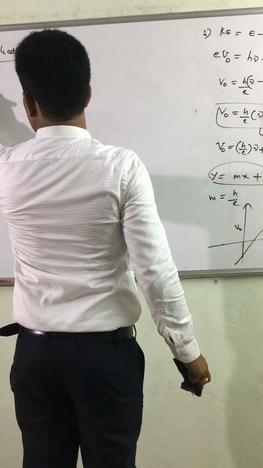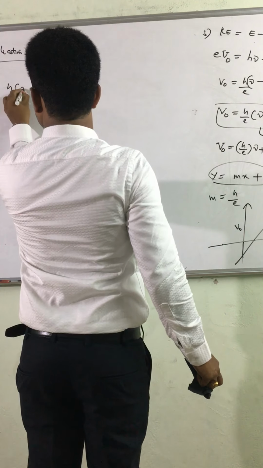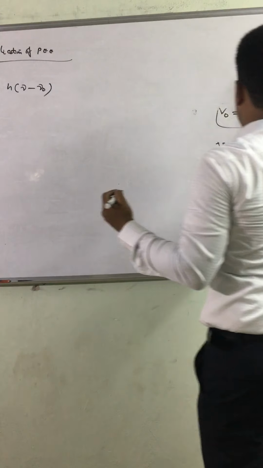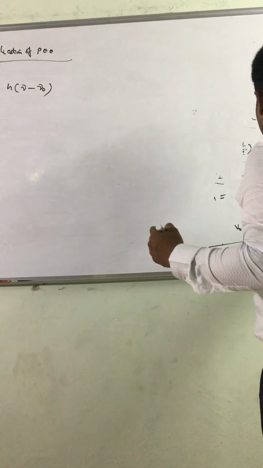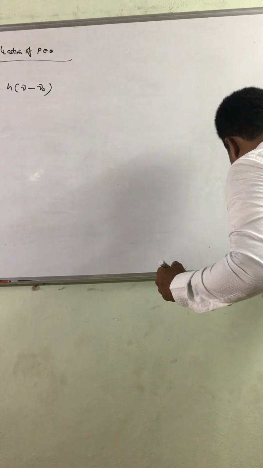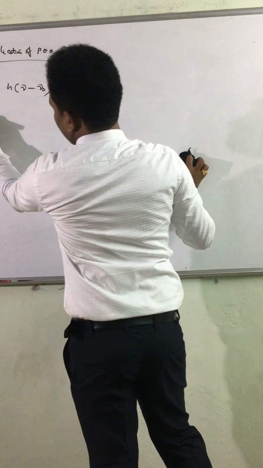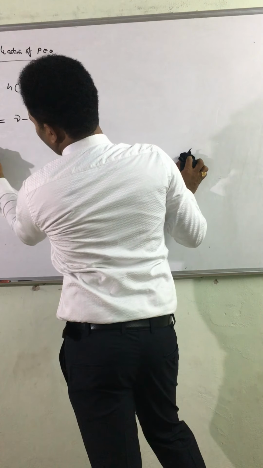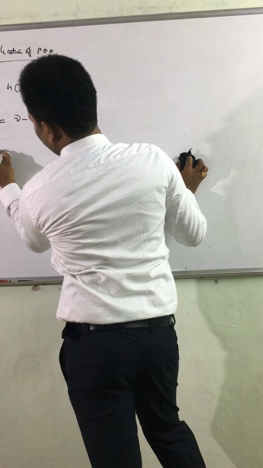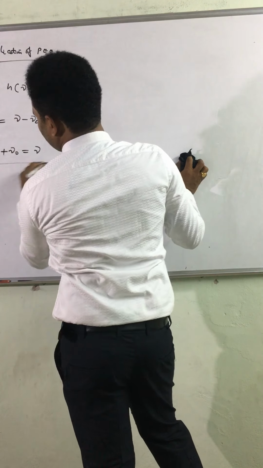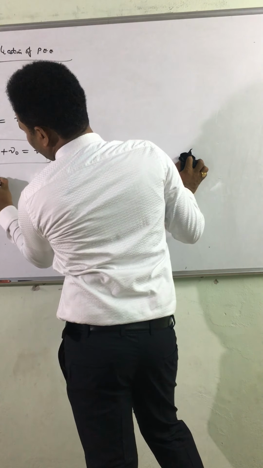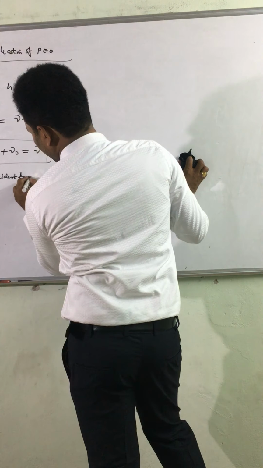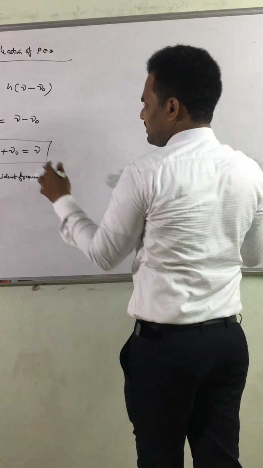So eV naught is equal to h into (nu minus nu naught), right? From that we can calculate threshold frequency and incident frequency. eV naught by h is equal to nu minus nu naught. eV naught by h plus nu naught is equal to nu. This is the formula for incident frequency, if they are given stopping potential.